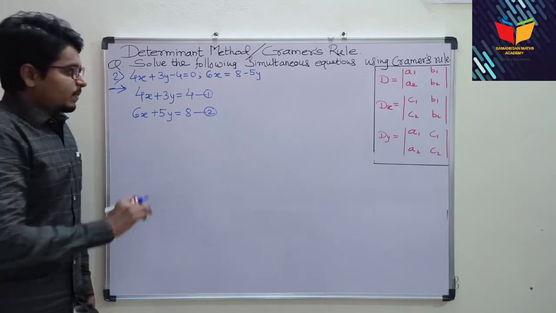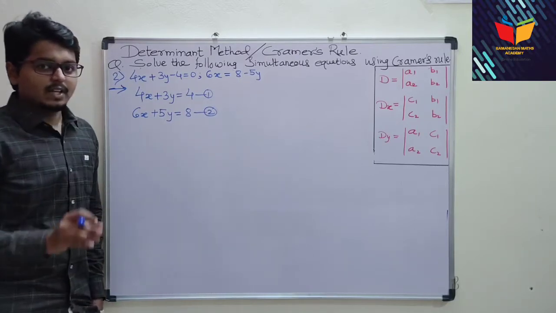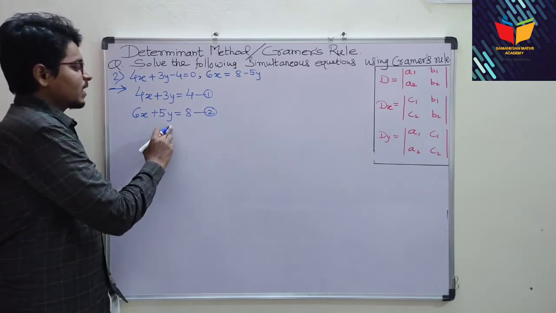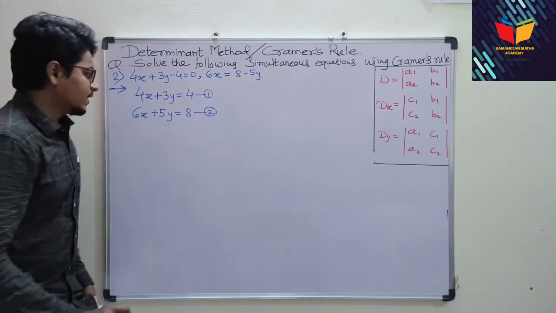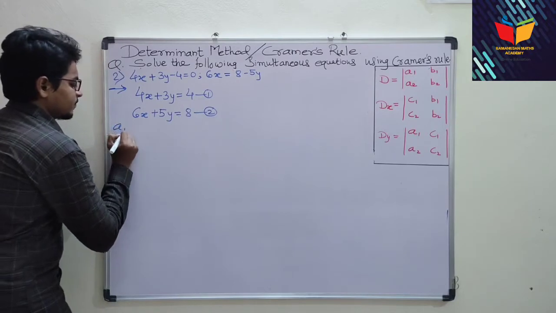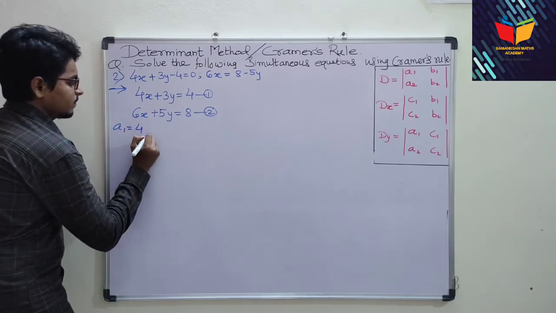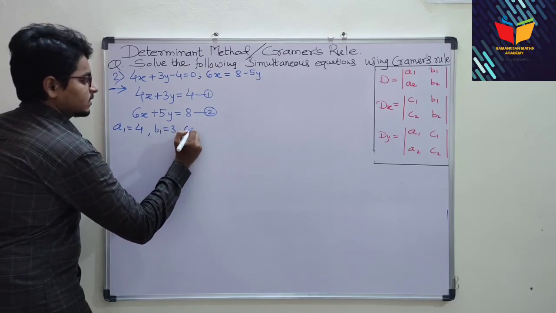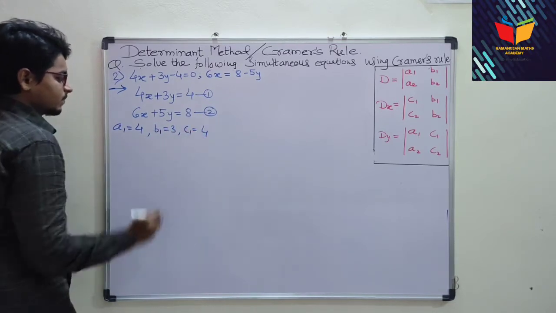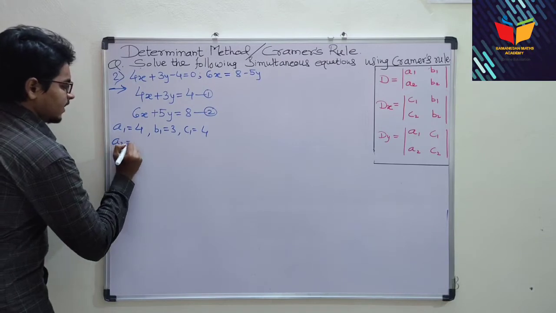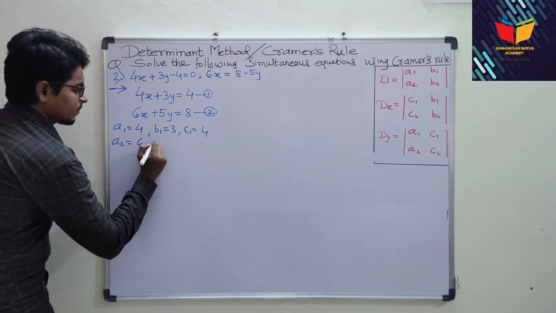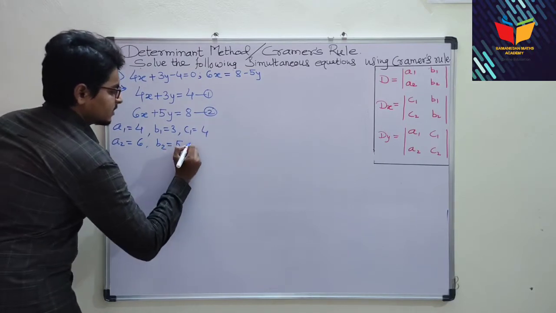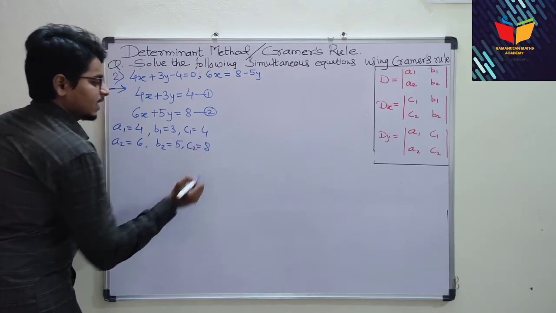Now we compare these two equations with a1x plus b1y equal to c1 and a2x plus b2y equal to c2. We get a1 as 4, b1 as 3 and c1 as 4, and a2 as 6, b2 as 5 and c2 as 8.